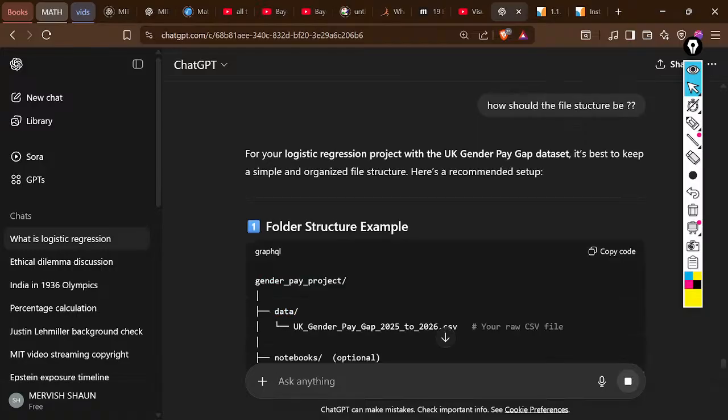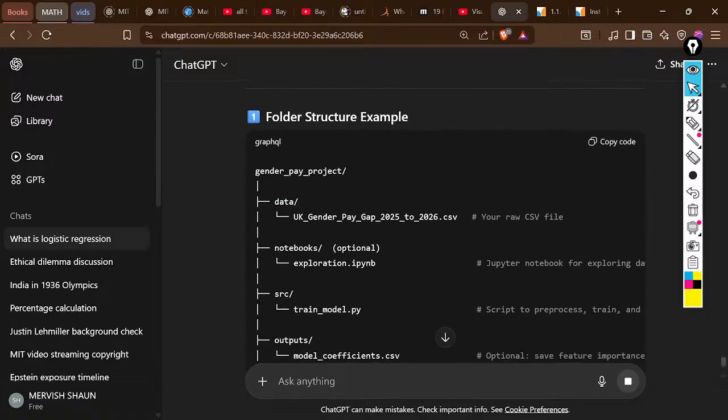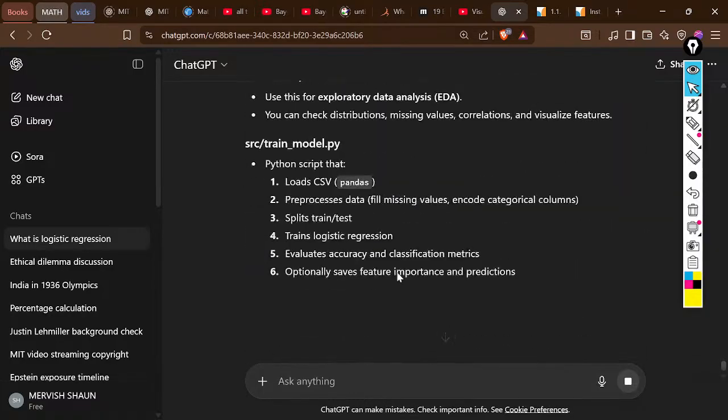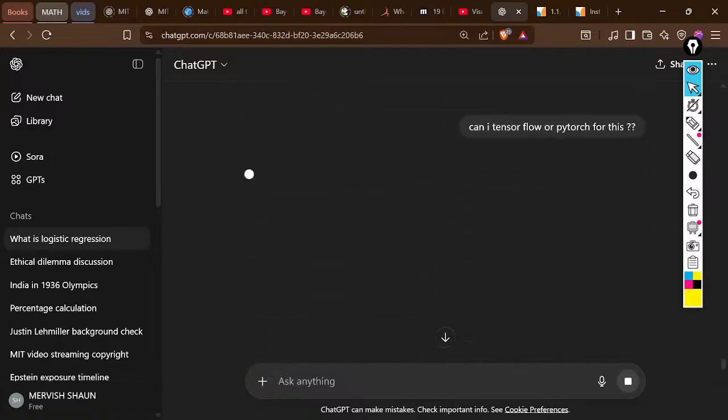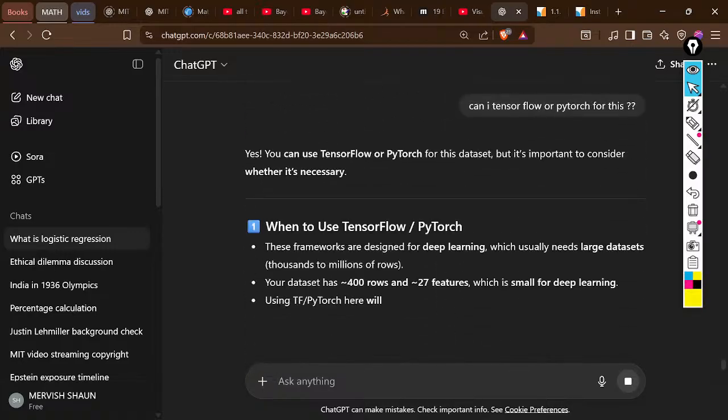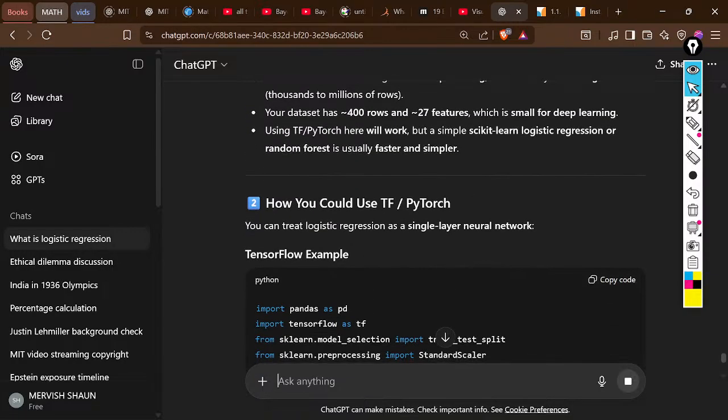For your logistic regression project, file data, notebook, option, source, train model. Okay. How can you use TensorFlow?